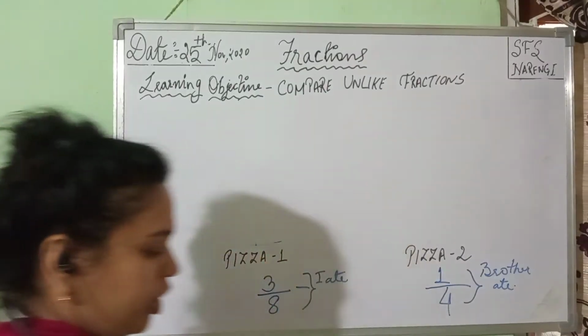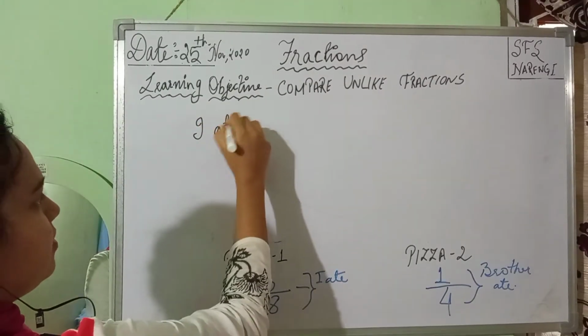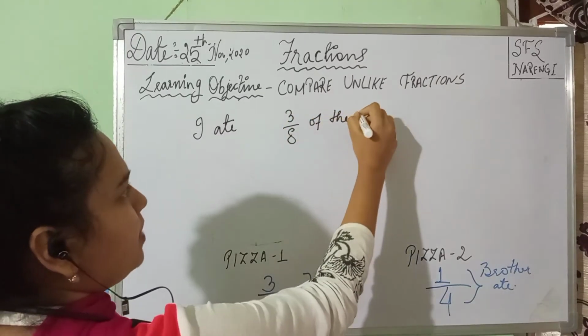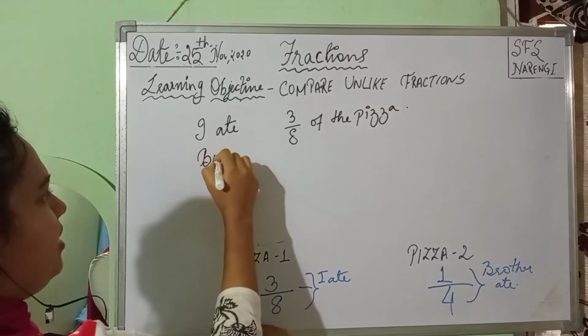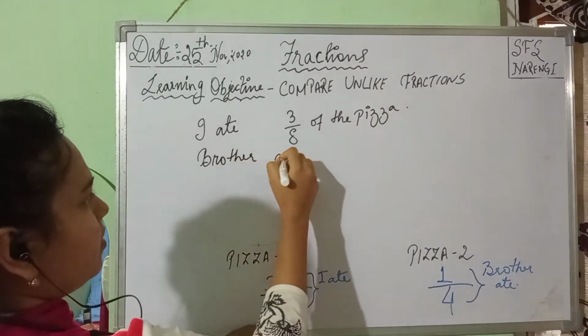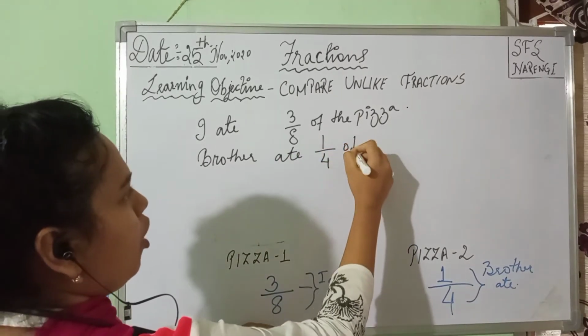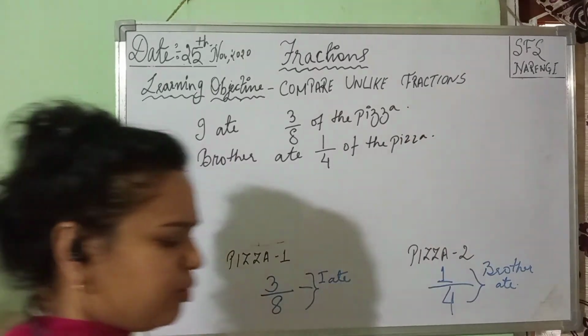So what is the portion of the pizza that I ate? I ate 3 by 8 of the pizza, right? And brother ate 1 by 4 of the pizza. I want to know who ate more.